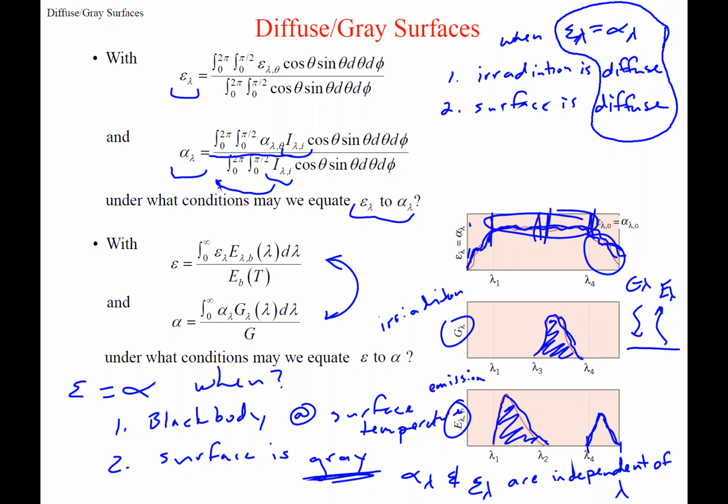Well, here has a value down here, right? And the irradiation is up here. So you can see that the properties are not the same now, okay? Even though they're at different wavelengths, the emissivity and the absorptivity are going to be different, okay? Whereas over this and this, even though the wavelengths were different, over that range it was independent, okay? The emissivity and the absorptivity were independent of wavelength over those ranges.